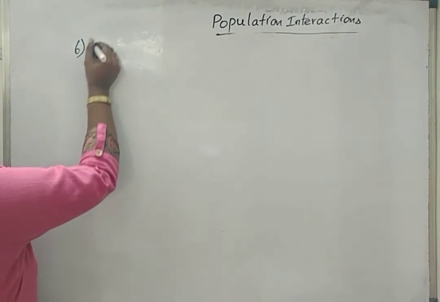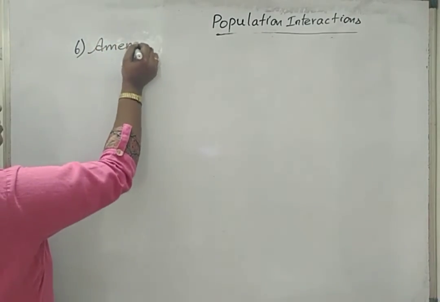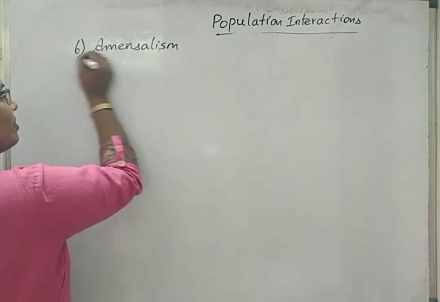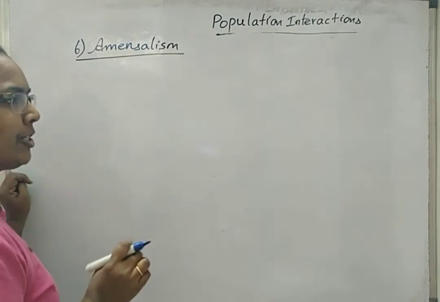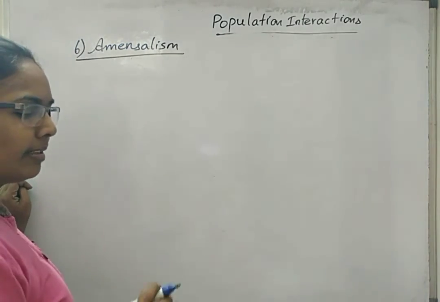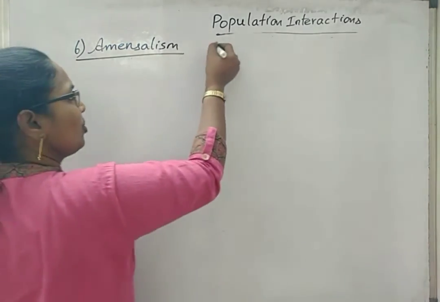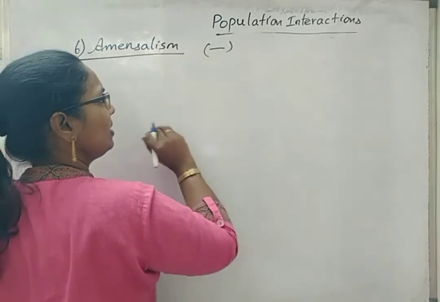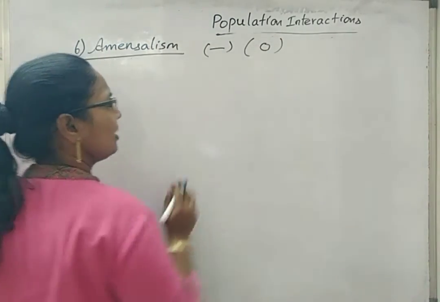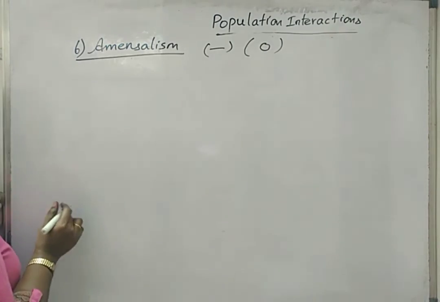Last type of population interaction is amensalism. Here, one species is harmed, the other is neither harmed nor benefited. So here we'll see one is harmed, the other is neither benefited nor harmed.